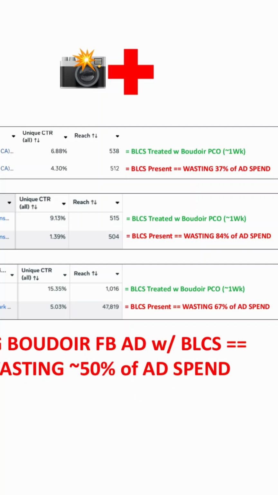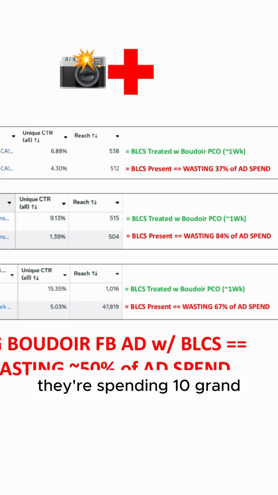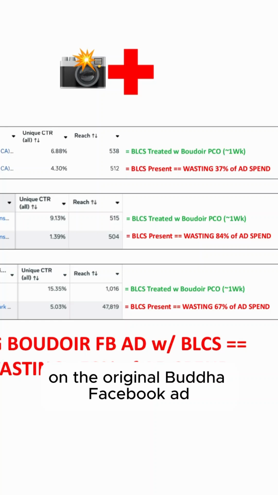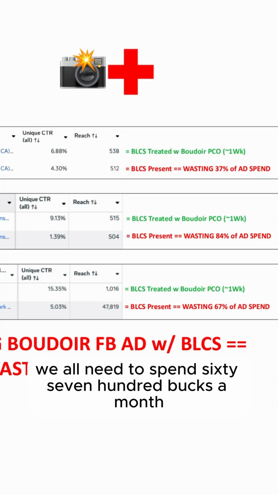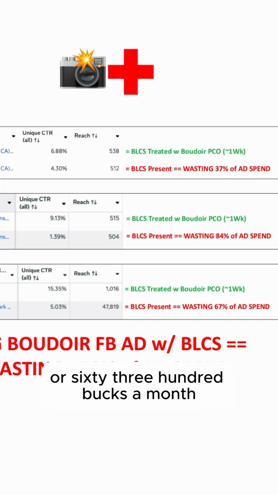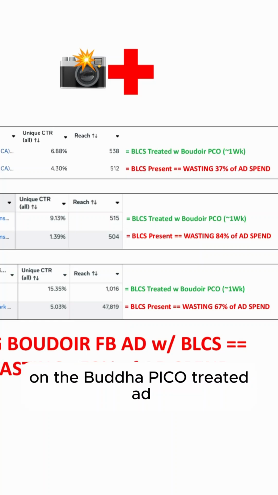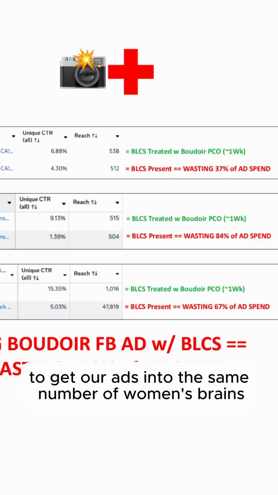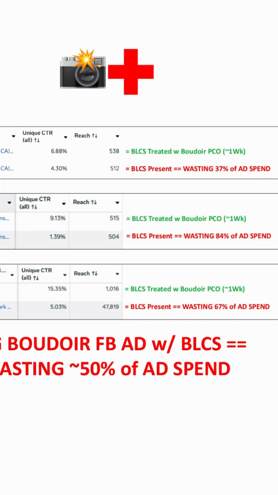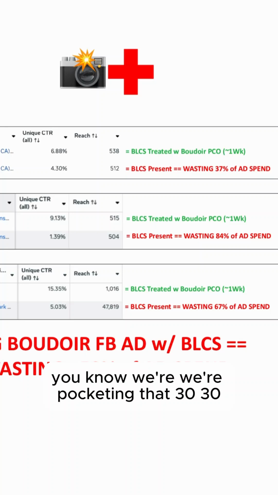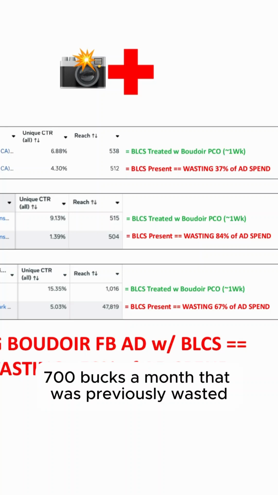So they're spending 10 grand a month on the original Boudoir Facebook ad. Now we only need to spend $6,300 a month on the Boudoir Pico treated ad to get our ads into the same number of women's brains in both scenarios. And in that case, we're pocketing that $3,700 a month that was previously wasted.